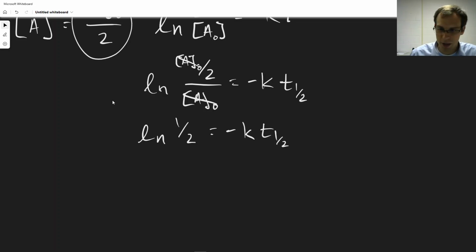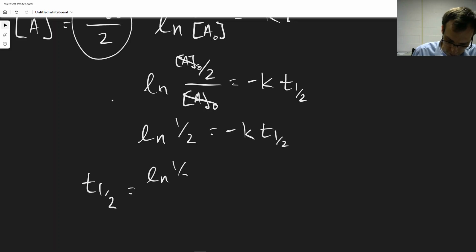So t 1/2 is equal to the natural log of 1/2 divided by negative k. We can rewrite this: the natural log of 1/2 is equal to negative of the natural log of 2.